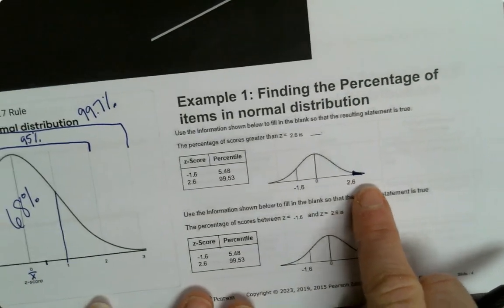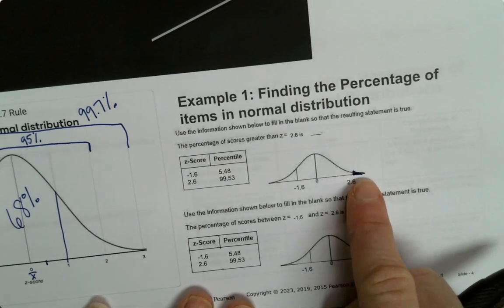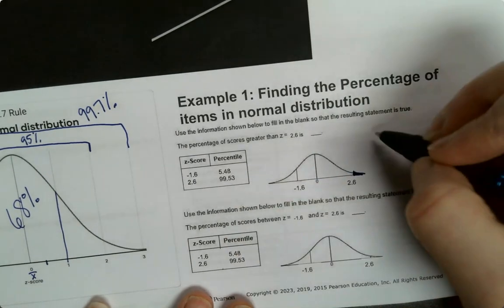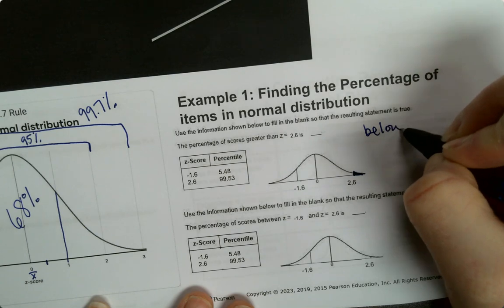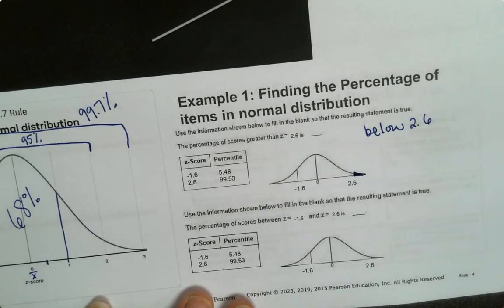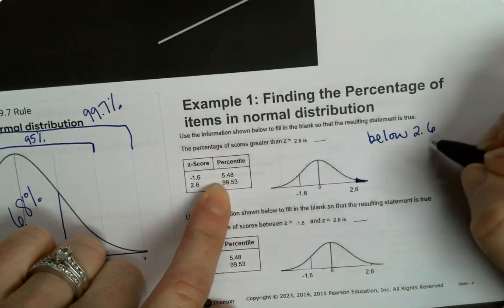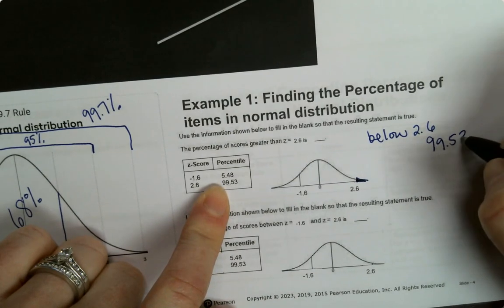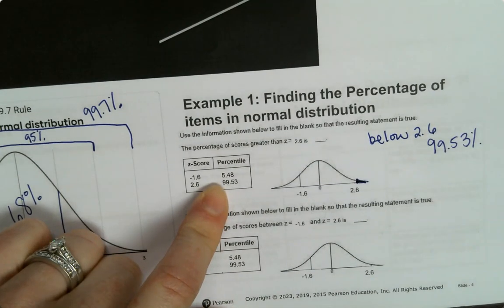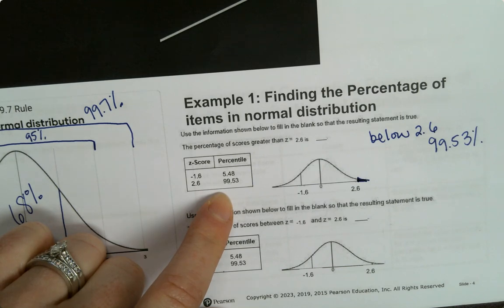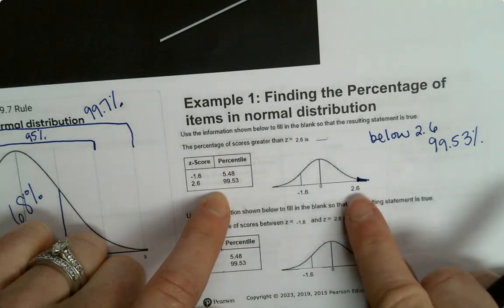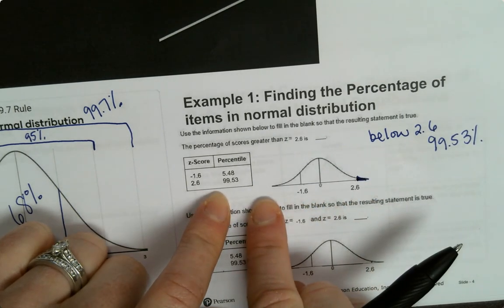So in order to find out what this is, we've got to find out what below is. So below 2.6 is this amount, 99.53%. That's what our table gives us. It gives us the area under the curve below that z-score, or less than that z-score.